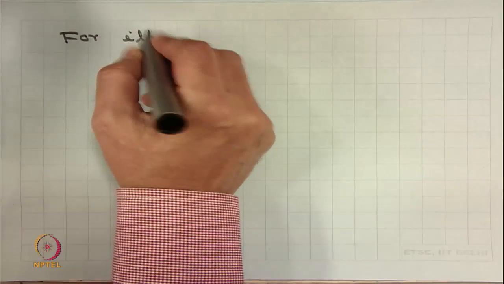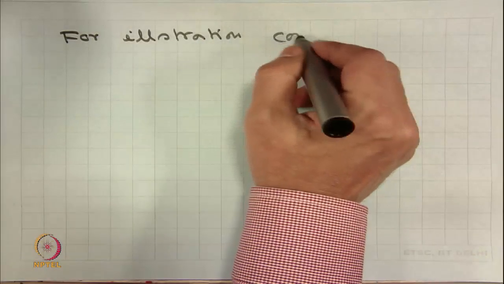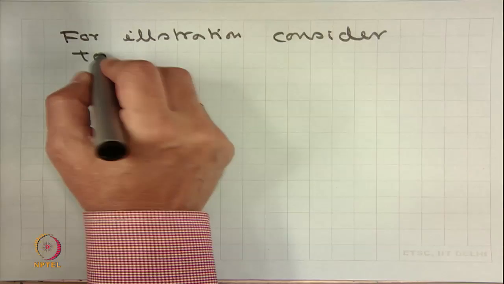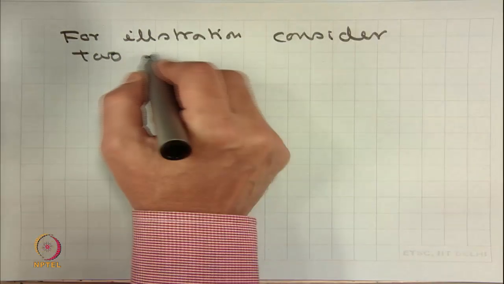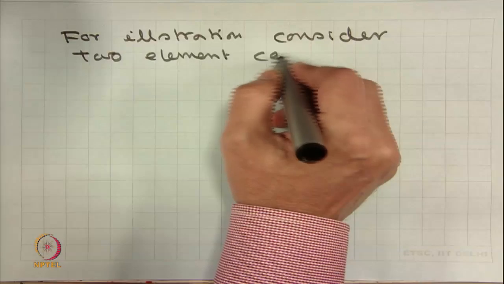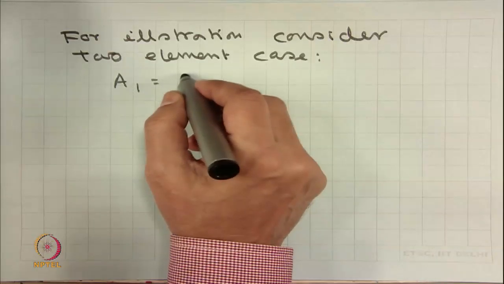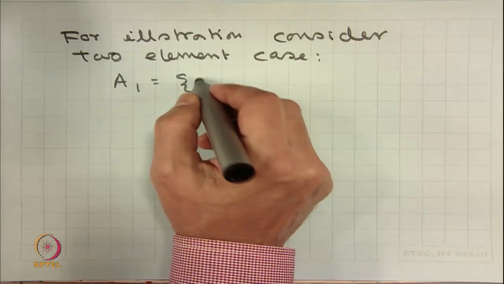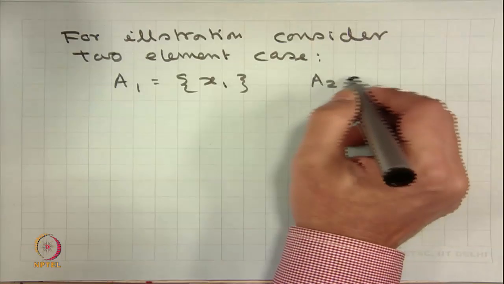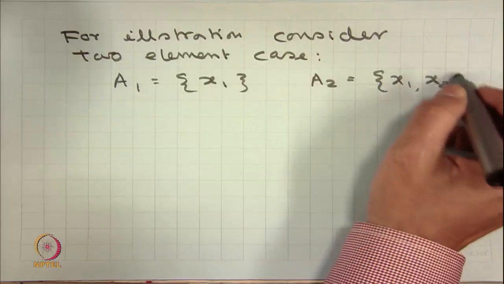For illustration, consider two element case. A1 is equal to singleton x1 and A2 is equal to {x1, x2}.